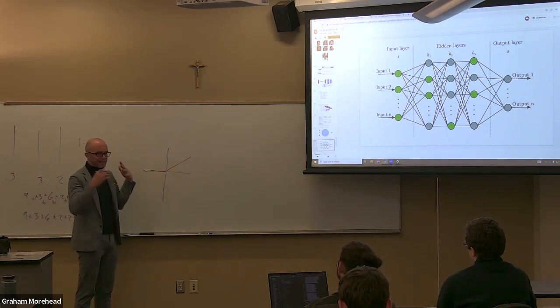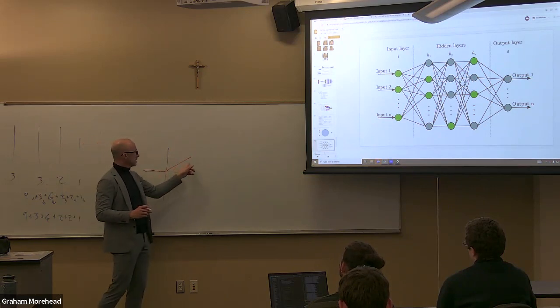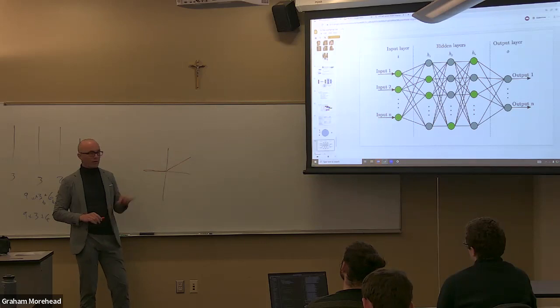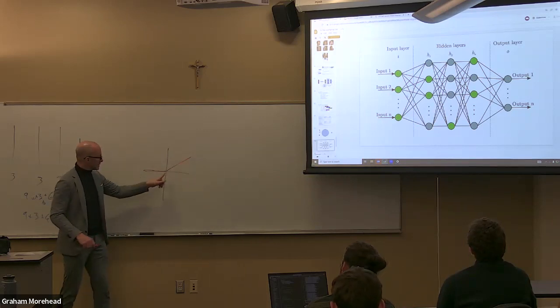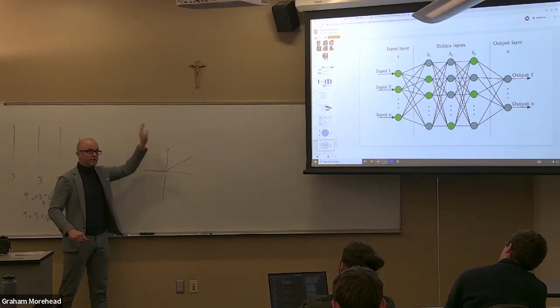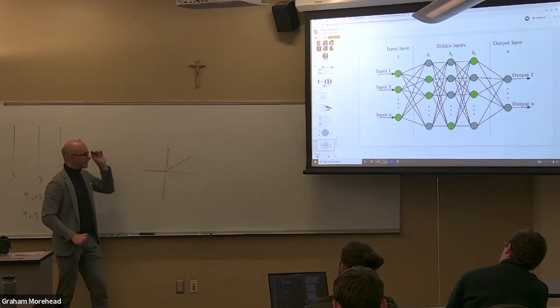Anything below 0 gets just zeroed out. If it's above 0, then it's a linear function of that input. Overall, the whole thing is nonlinear because of this one change point. So we call it a nonlinear activation, but it's the simplest of the nonlinear activations.